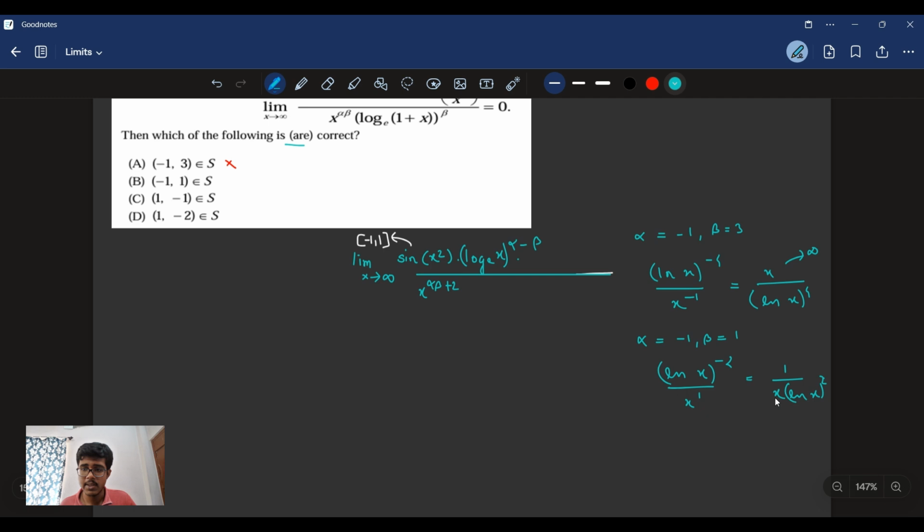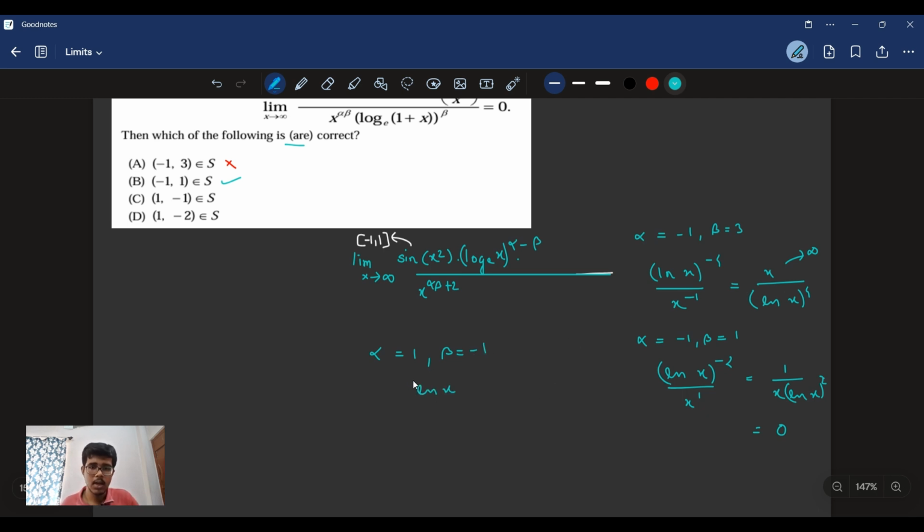As I said previously, when x is tending to infinity, the value of log x is very much less than the value of x. So 1 by infinity is equal to 0, and this log of x is not that big. So it is going to give me the value 0. So option 2 will be correct.